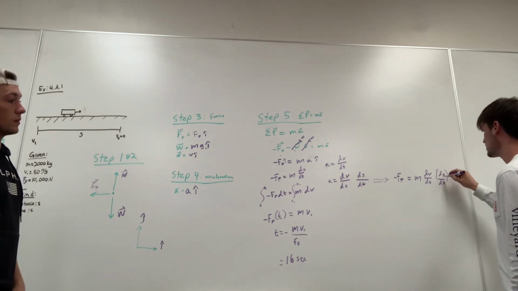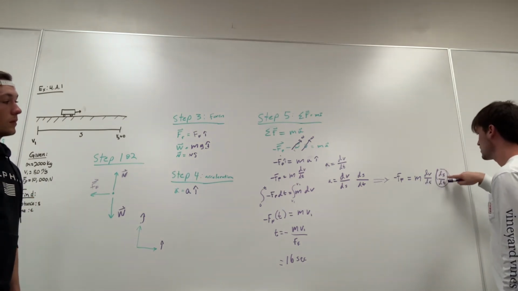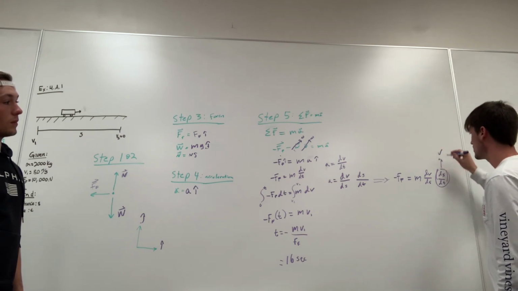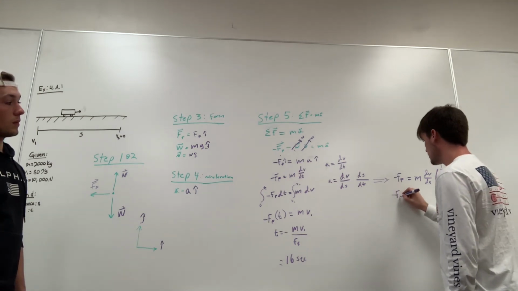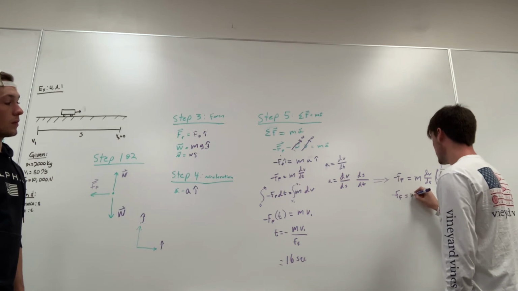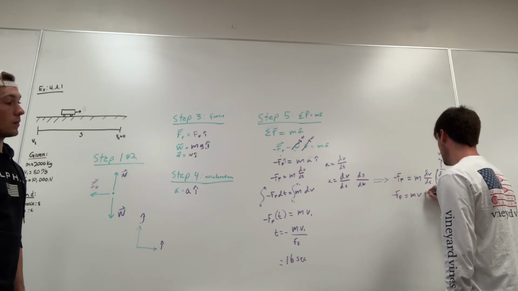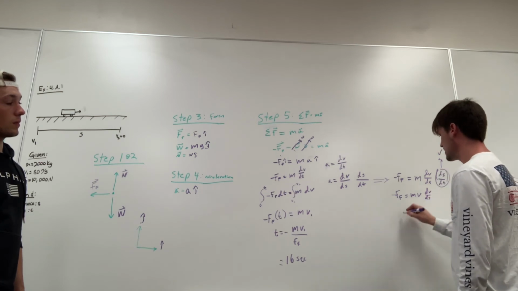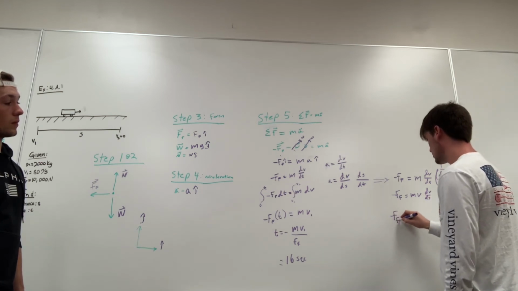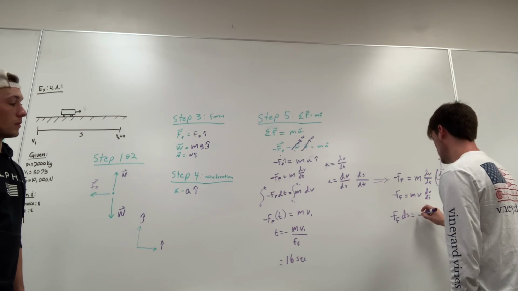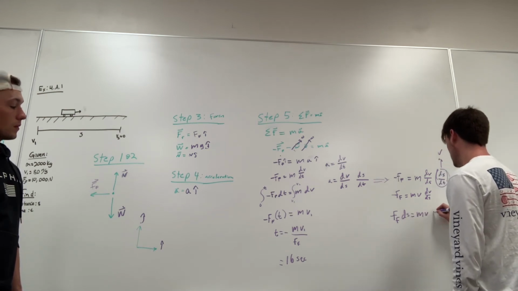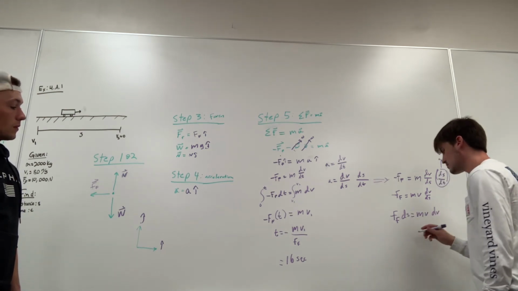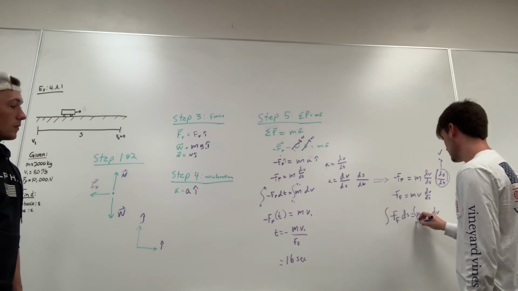We know that this term right here is equal to velocity. So you have negative friction force equals mass times velocity times dv/ds. Multiply by ds: negative friction force times ds equals mass times velocity times dv. Integrate.